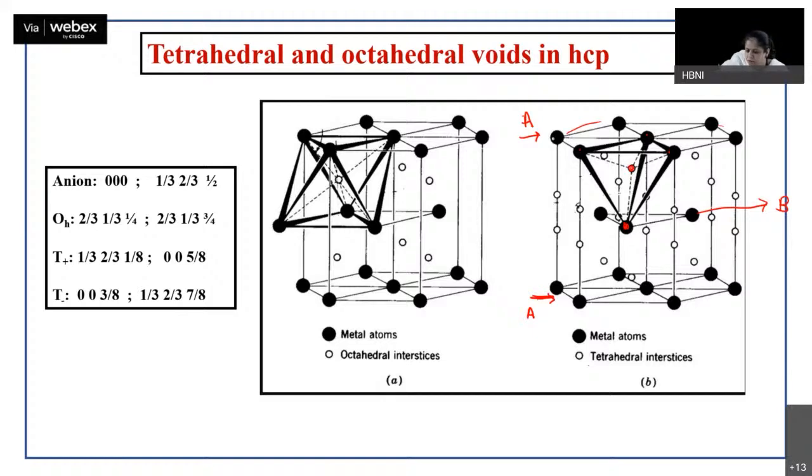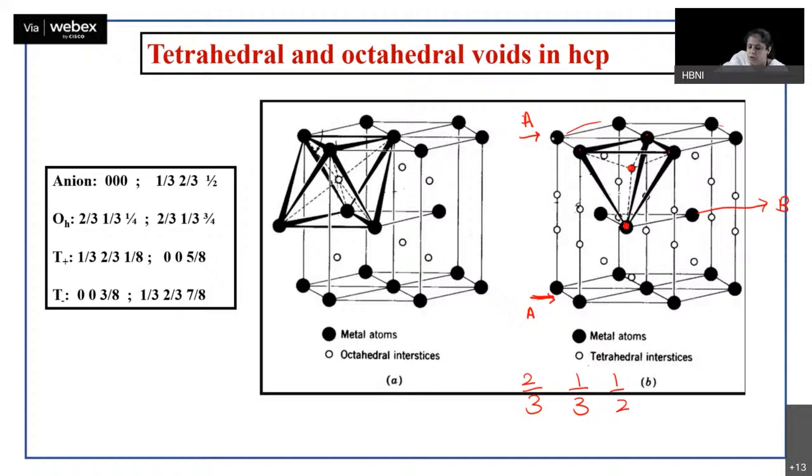Now what would be the lattice parameter coordinates for this tetrahedral hole? This lattice point we discussed some 3-4 slides earlier has the coordinate 2/3, 1/3, half. Okay. Now this tetrahedral hole is exactly over this particular lattice point.